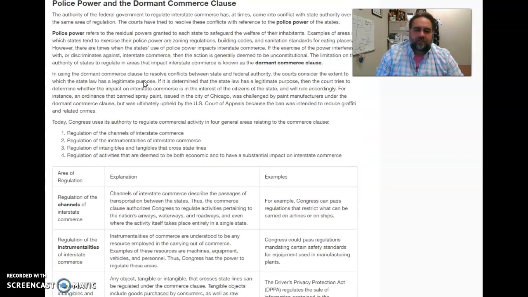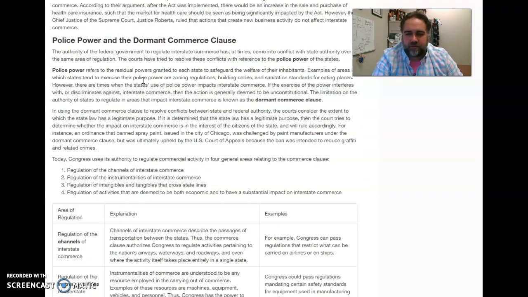And so, police power and the Dormant Commerce Clause, I'm sorry. So the courts have tried to resolve these conflicts with reference to the police power of the states. Police power refers to the residual power granted to each state to safeguard the welfare of its inhabitants.